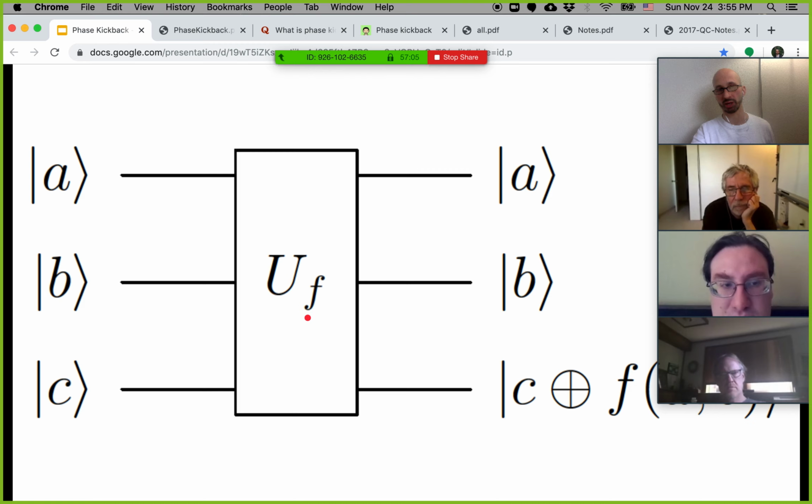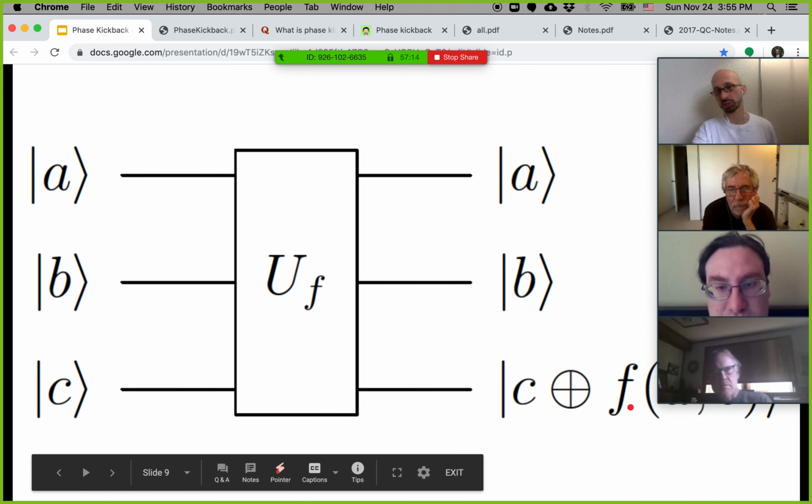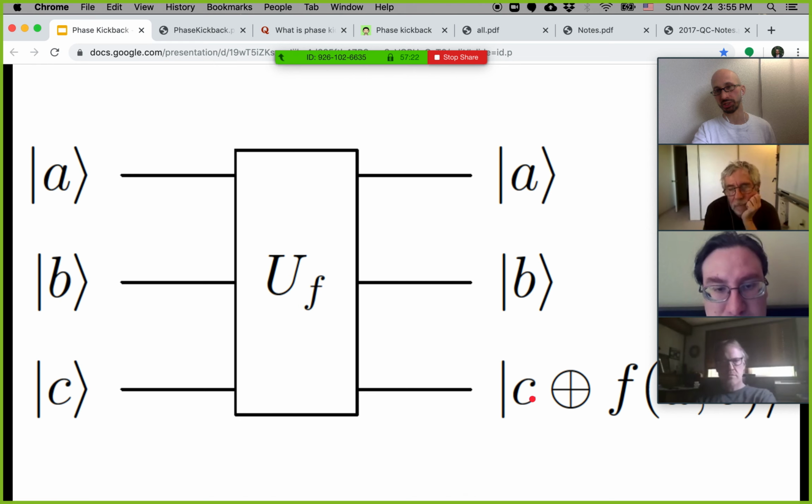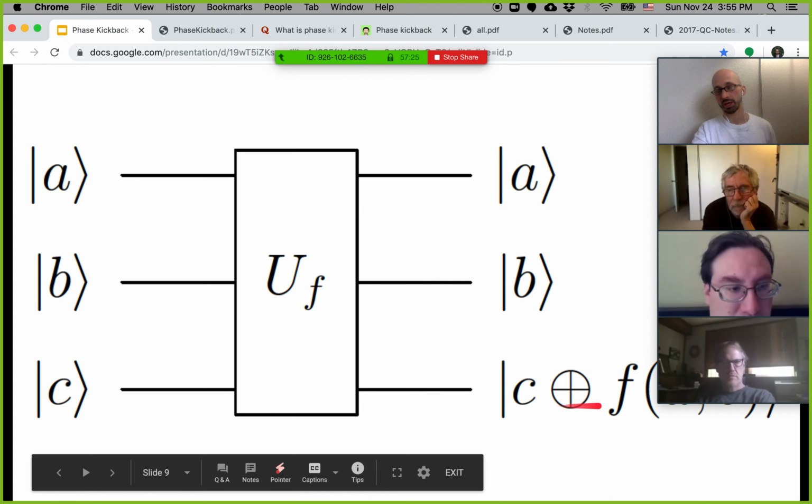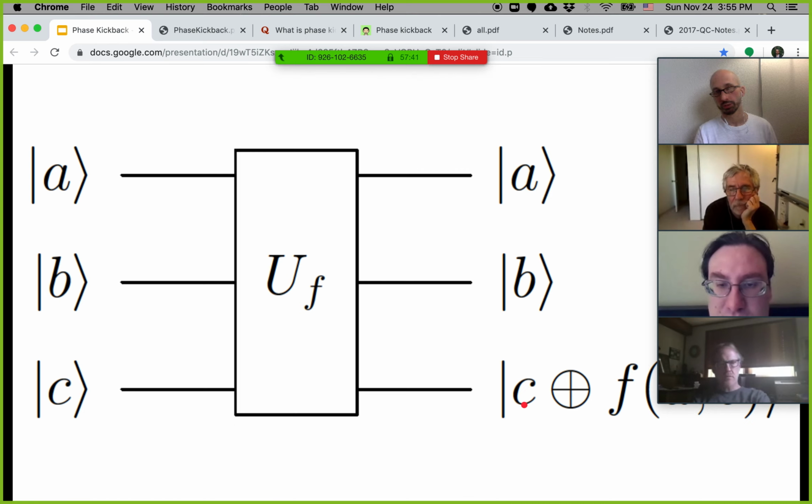It's controlled by function f, not. This is because if f is 0, then 0 XOR C is the same as C. And if function f is 1, then 1 XOR C is not C. It reverses C. If it's 0, it's 1. If it's 1, it's 0. In the classical case. So does it make sense so far?